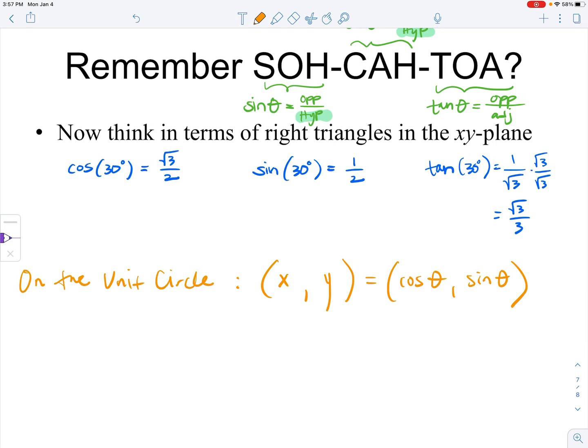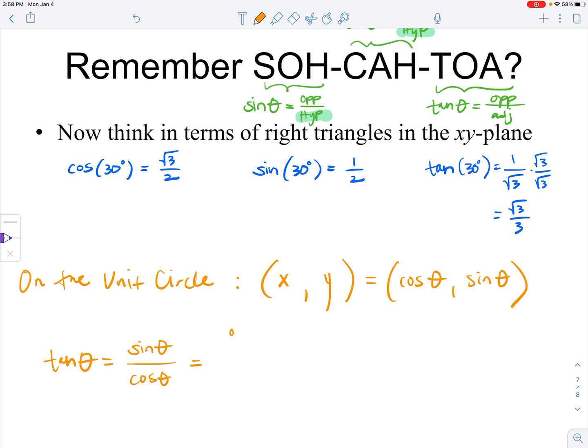So if we take tangent, we could also figure this out by, like, if I had you use SOHCAHTOA to find tangent for 30 degrees, 60 degrees, 45 degrees. And then you would notice like, oh, hey, it ends up being the ratio of sine over cosine. So tangent of theta is equal to the ratio of sine theta over cosine theta.